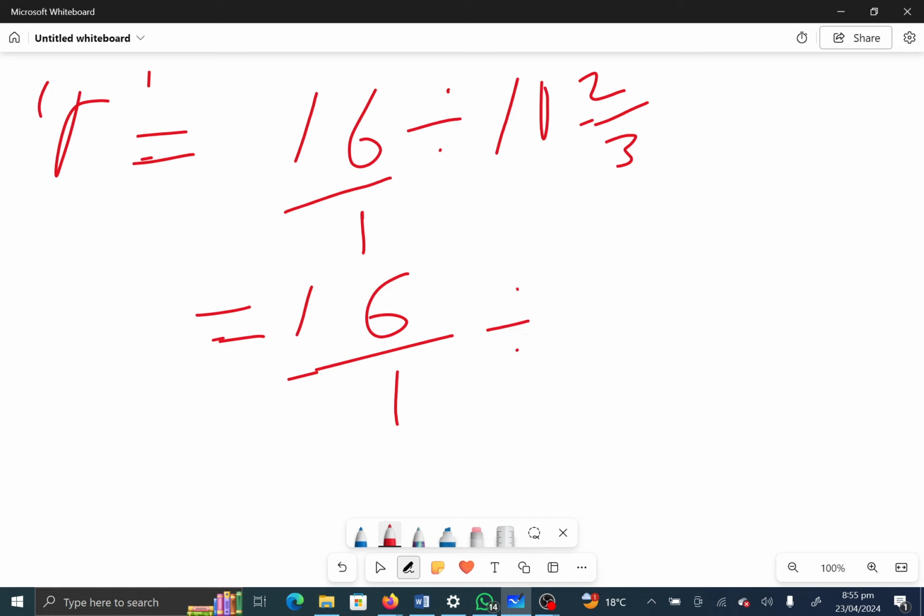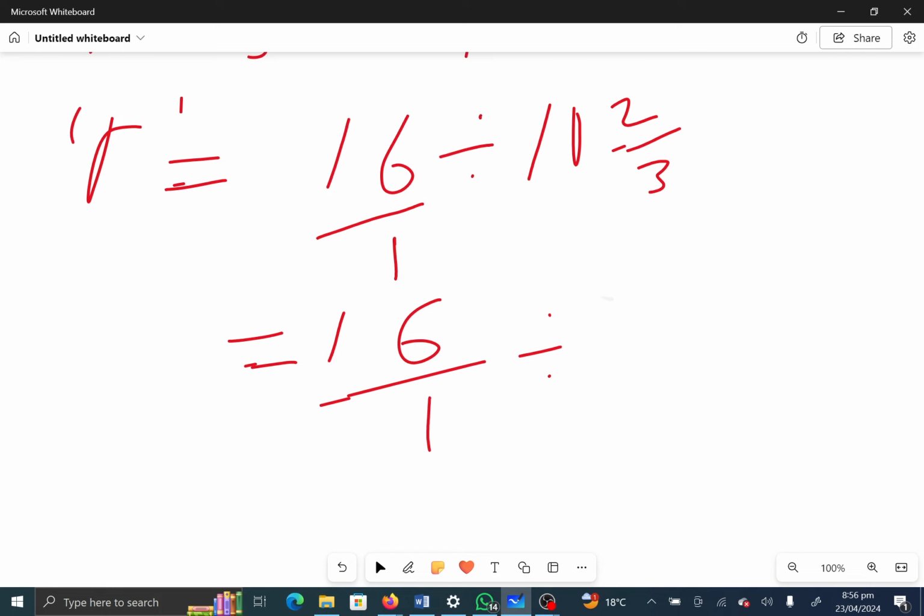We divide by the mixed fraction, so we take it into a standard fraction. I don't know if you're able to see my pointer. 3 multiplied by 10 gives us 30, then 30 plus 2 gives us 32.